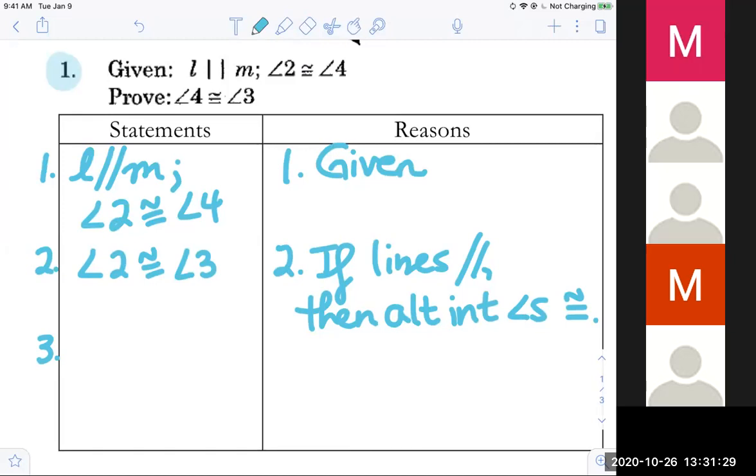Substitution. Okay, I want to know the statement first. I don't know. We're trying to prove that 4 and 3 are congruent. Are we ready to say that? Can I make this angle 4 is congruent to angle 3? Or do we need more steps before we say that? I think you're fine there. Okay.